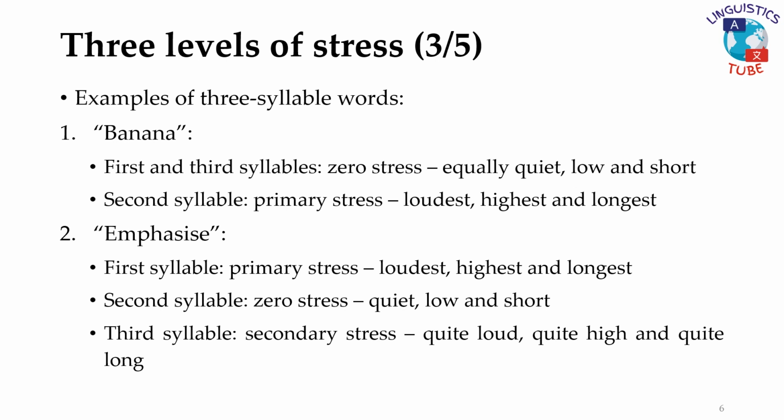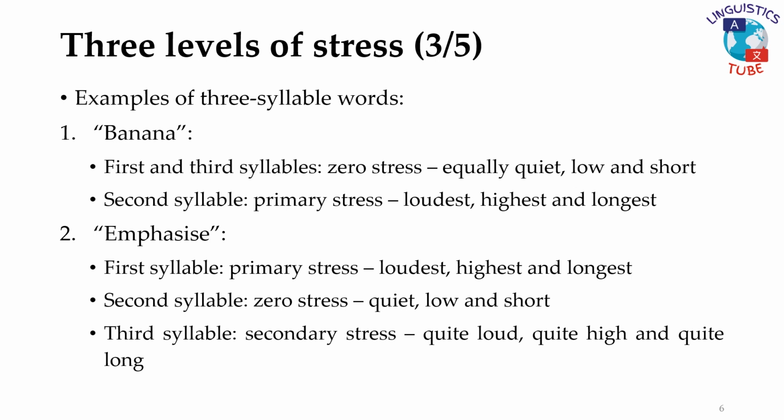Here is another example. The word emphasize. The first syllable has primary stress because it is the loudest, the highest, and the longest. The second syllable has zero stress because it is the least loud, the least high, and the least long. Or, in other words, it is quiet, low, and short.